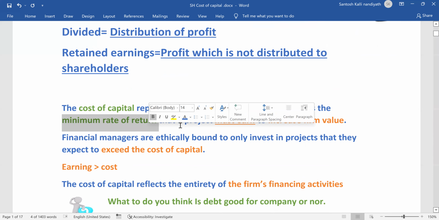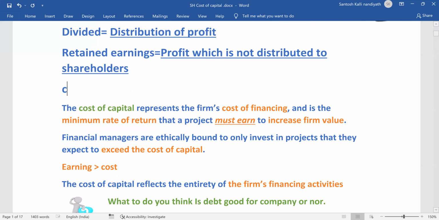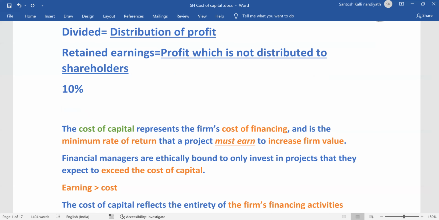Suppose the cost is 10%, in percentage terms we are discussing, and the profit you are generating is 12% and cost is 10%, then you will be happy to use it. If cost is lesser and earning is more, you will be fine with it, correct?